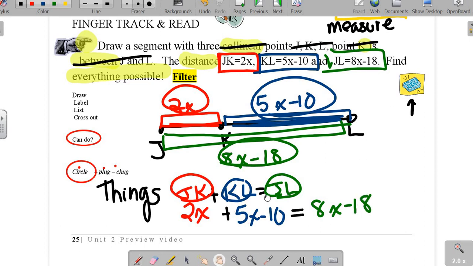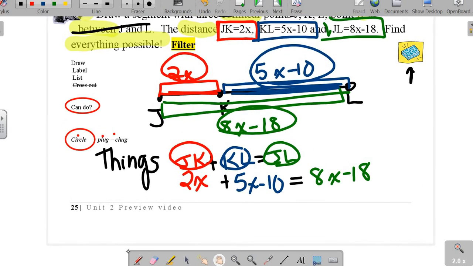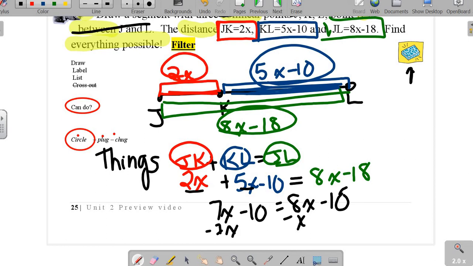Now you solve. Super important. You never, ever stop at solving for x, because I don't tell you to stop at x.